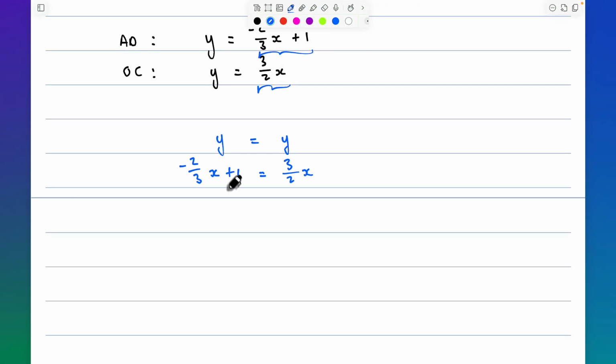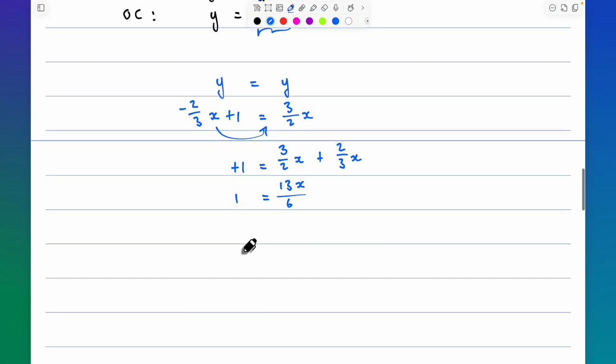All right, so to solve this, we're going to move this expression to that side. So we still have the positive 1 on this side, but on the other side it becomes 3 over 2 x plus 2 over 3 x. Put that into our calculators. That's 13 over 6. These questions have been coming out very ugly because I come up with them out of my head, so maybe the numbers are sometimes not the prettiest, but we keep on pushing anyway.